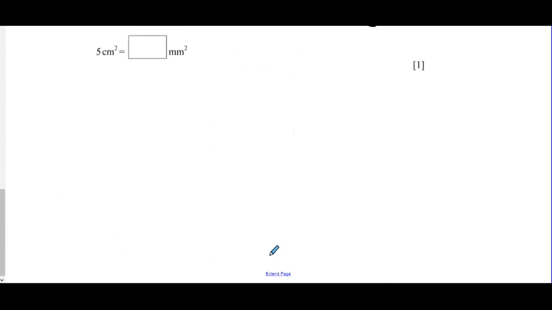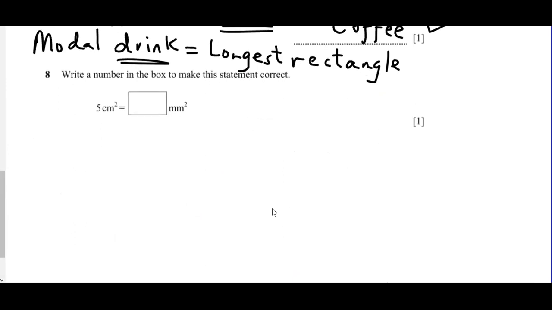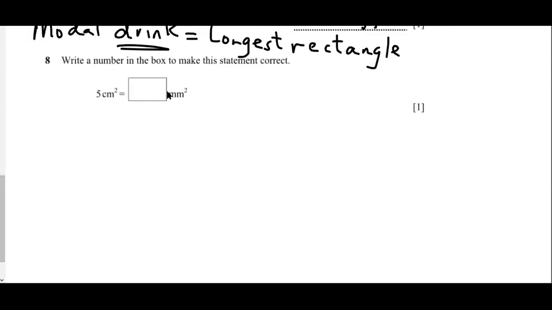All right, the next question is write a number in the box to make this statement correct. 5 centimeters square equals how many millimeters square? What you're supposed to do is first check in 1 centimeter how many millimeters there are.